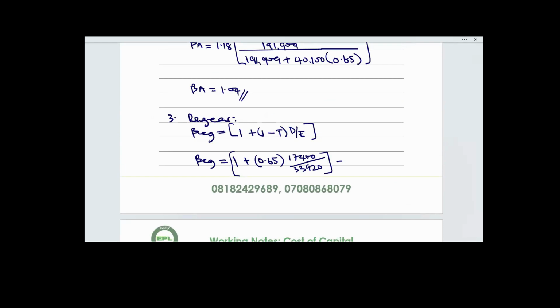Okay, final answer. What do you have there? So bring out your calculator. 17,400 divided by 33,920 equal, multiply by 0.65 equal, plus 1 equal. That's 1.33. I got 1.33. What do you have at your end?